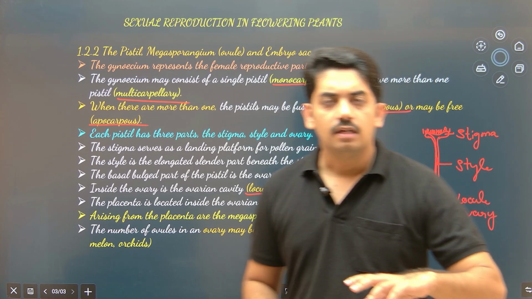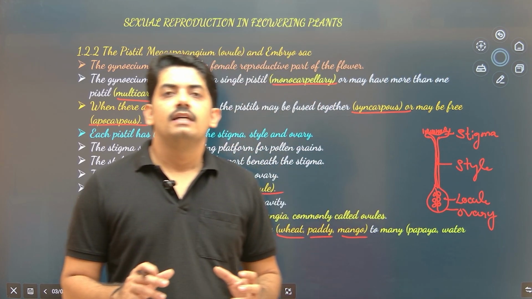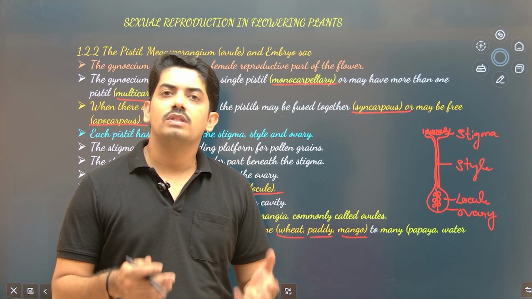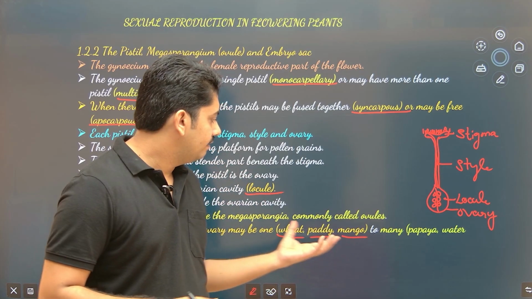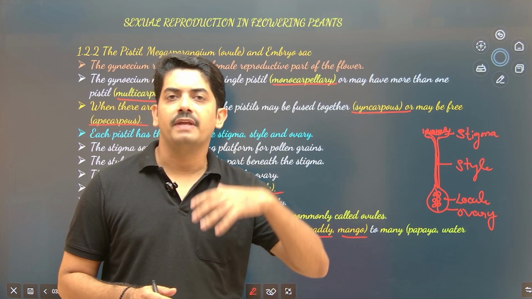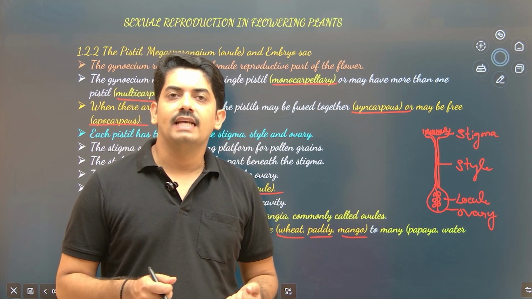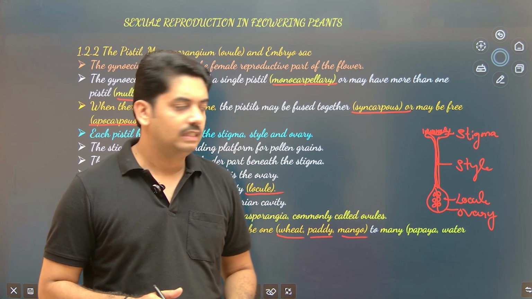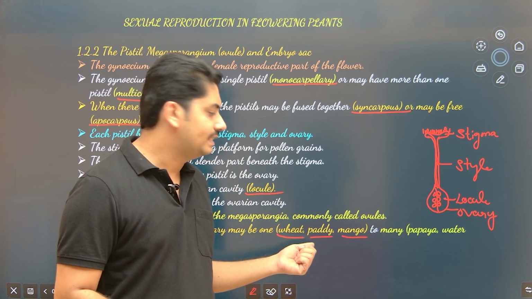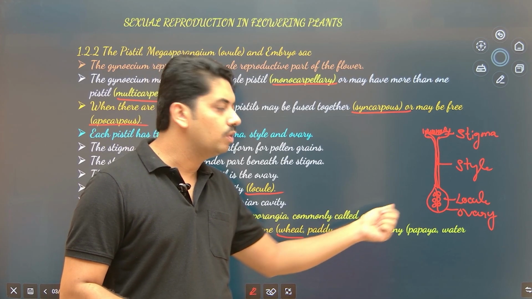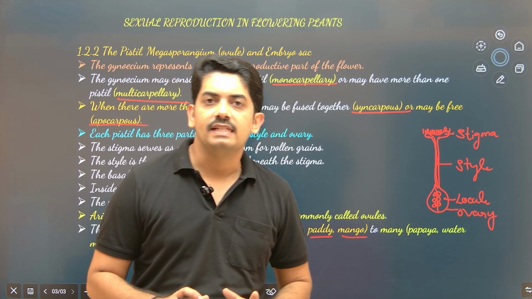In exam, there is a high chance that suppose 3 or more than 3 examples are given, they take these examples and frame a type of questions like, which of the following example is the odd one? Suppose they have given 4 examples, wheat, paddy, mango and papaya. What it represents actually?